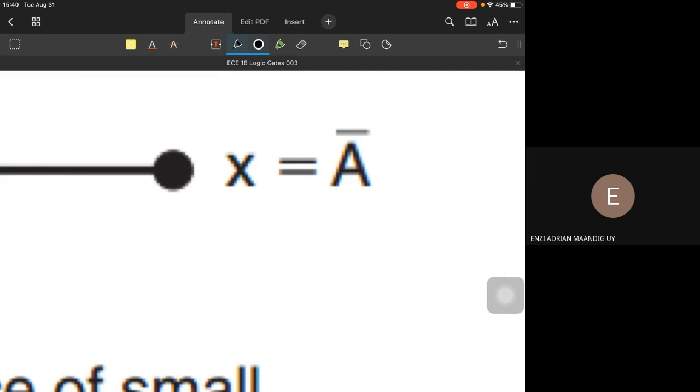We read this as X is equal to A bar, or A NOT, or A inverse, or inverse of A. So when you hear me speaking of something bar, it means the expression has been NOTed. Okay?